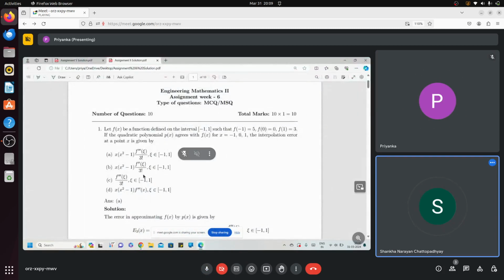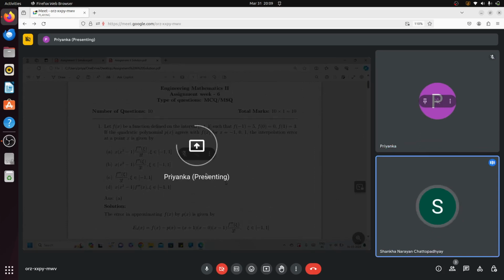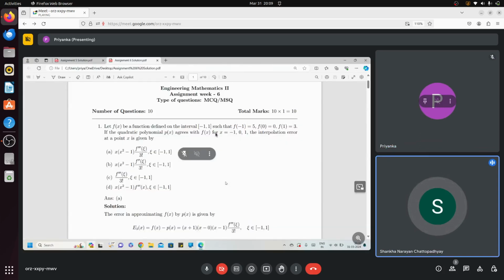Yes. So see, question number 1. Question number 1 is like f(x) is a function defined on the interval, such that the quadratic polynomial p(x) agrees with f for x equal to -1, 0 and 1. You need to determine the interpolation error. So what will be the interpolation error? You are given 3 points.